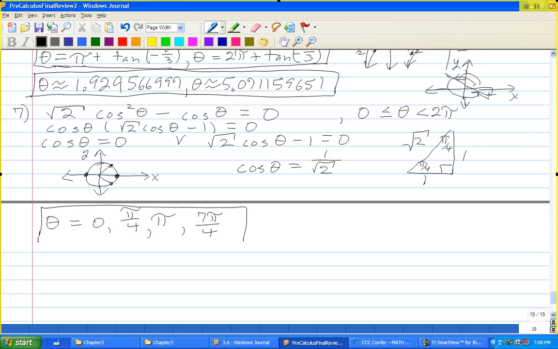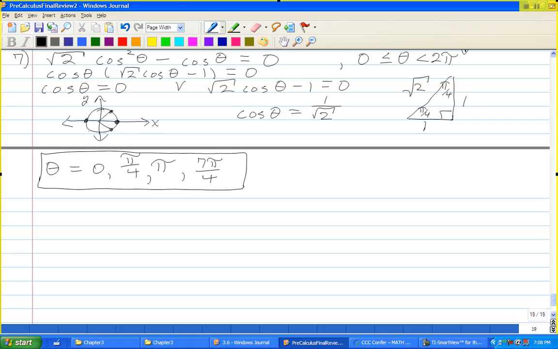And so those are your answers. So having cosine equaling a positive 1 over rad 2 or cosine equaling 0, those are the answers between 0 and 2 pi.